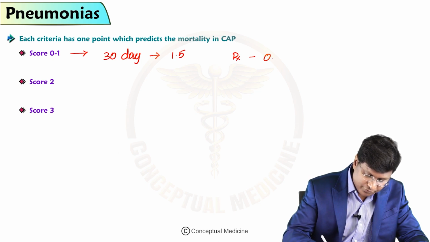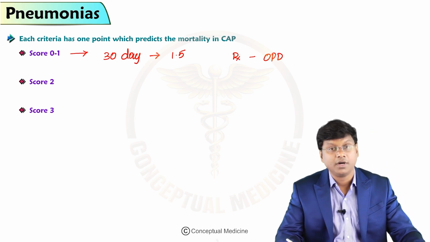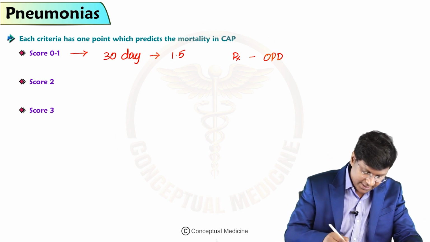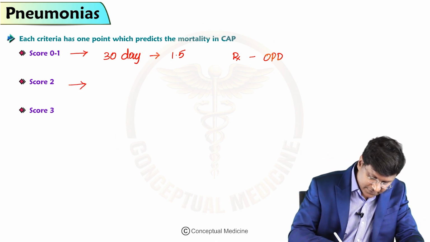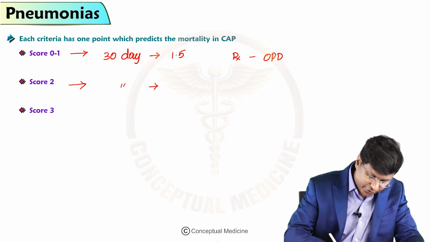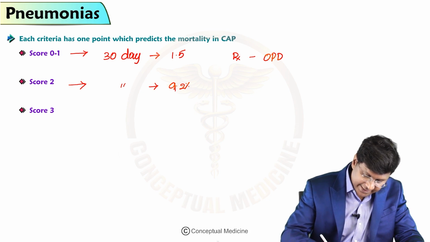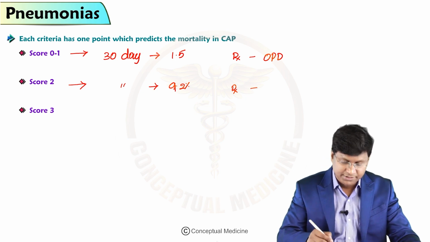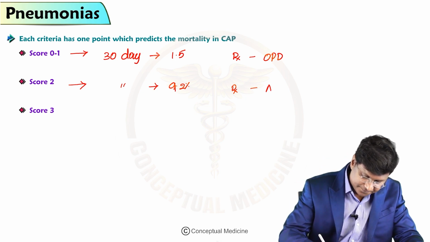They can be given oral antibiotics on an outpatient basis. And if the score is 2, the 30-day mortality is around 9.2%, and here the treatment has to be given by admitting the patient to the hospital.